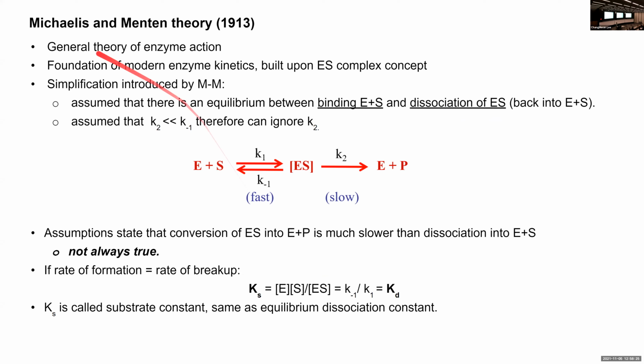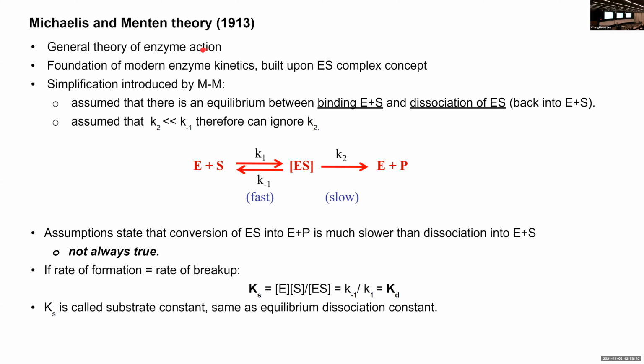So Michaelis and Menten suggested a theory in 1913 to explain how these enzymatic reactions happen. And what they did was that basically they supposed that there's an ES complex because of this substrate saturation effect.